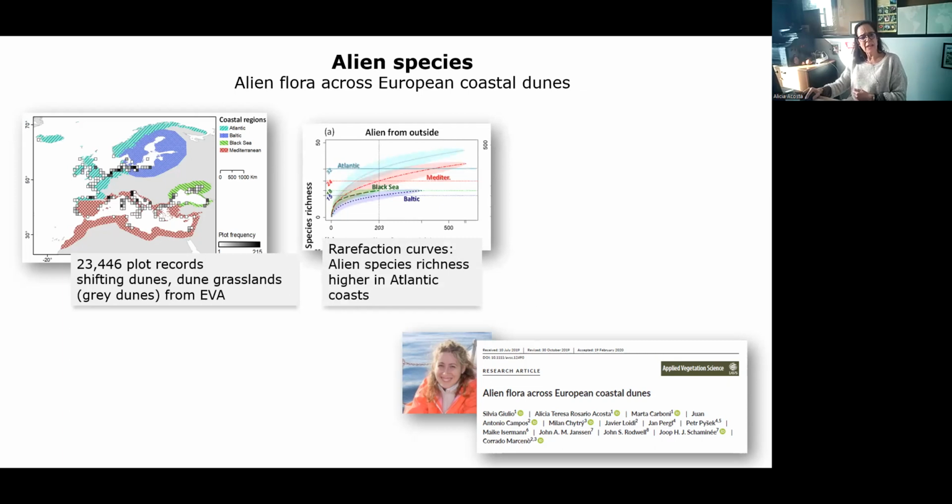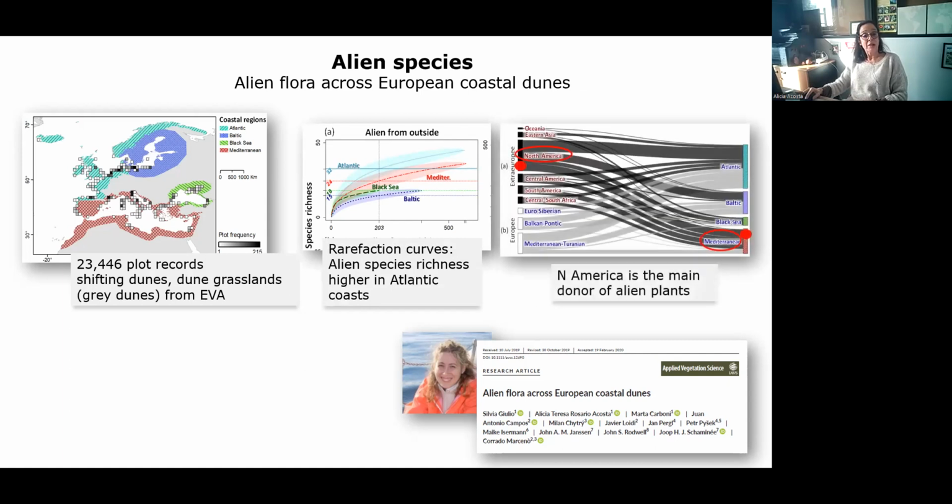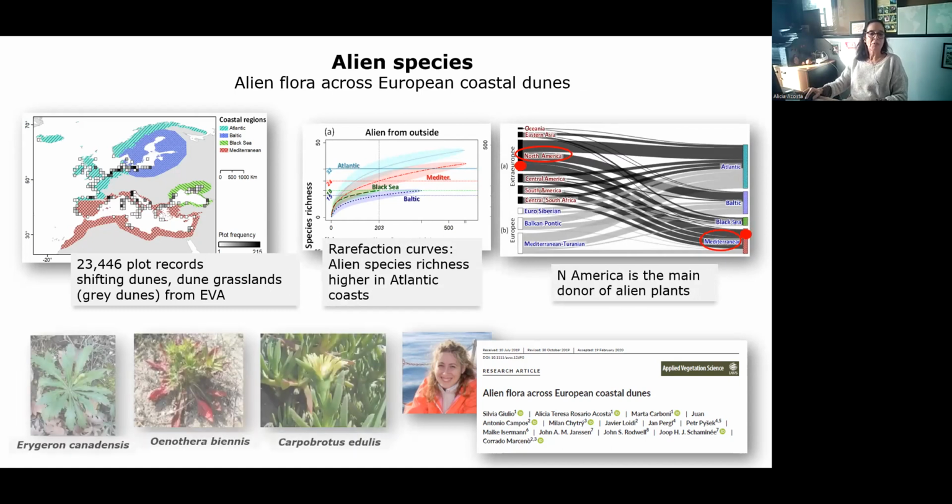We observed that alien species richness was higher in the Atlantic, in light blue in this figure, with respect to the Mediterranean in red. And North America was the main donor of alien plants for the Mediterranean. Among the most frequent non-native species, I can mention Erigeron canadensis, Oenothera biennis group, and Carpobrotus edulis.